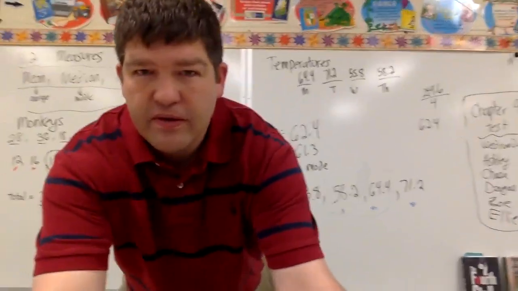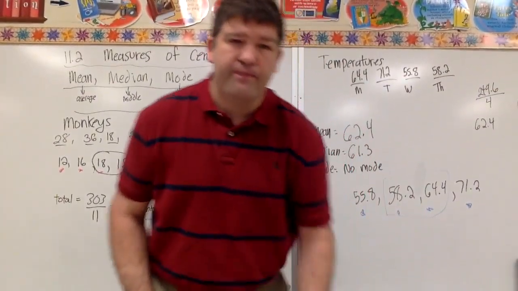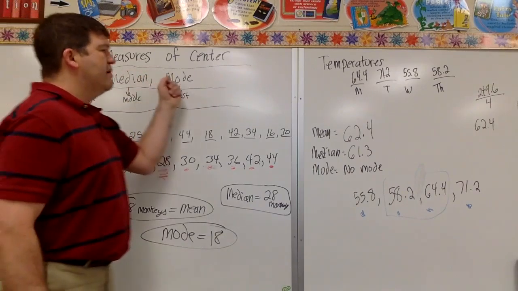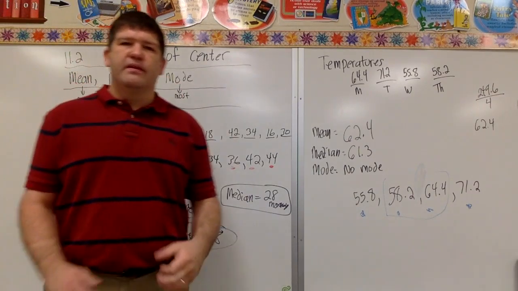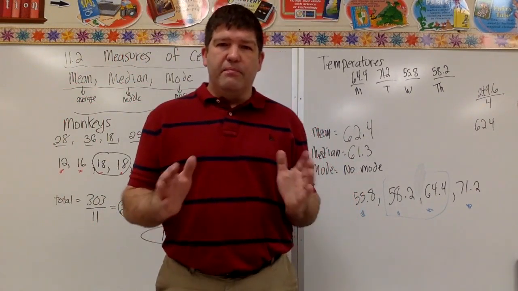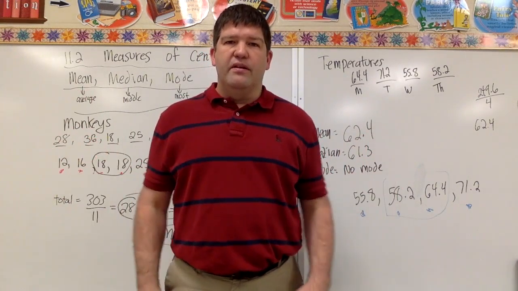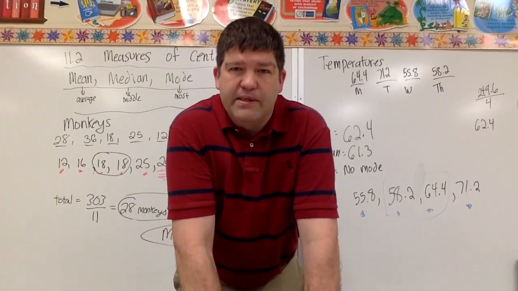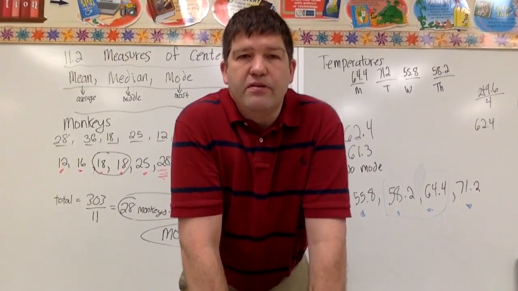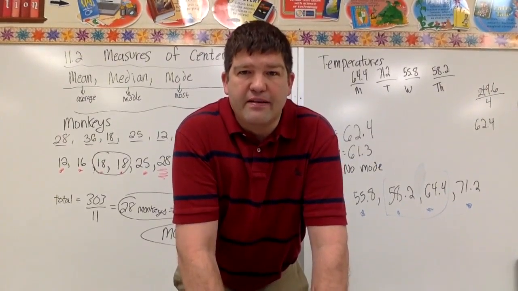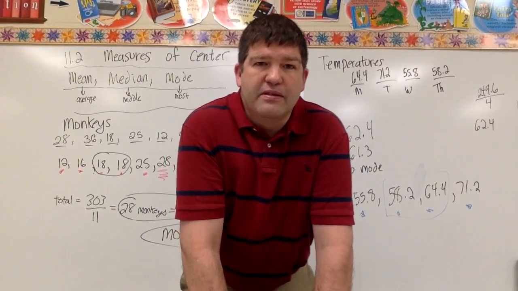So, what we've been talking about here, measures of center: mean, median, mode. The mean is the average, the median is the middle with them in numerical order, and the mode is the one that's the most common. Okay? And then you can use this information to help you understand things and draw some conclusions.